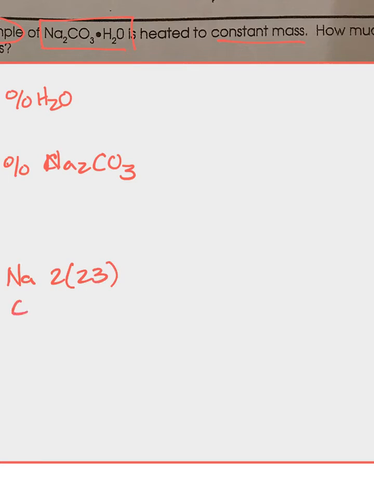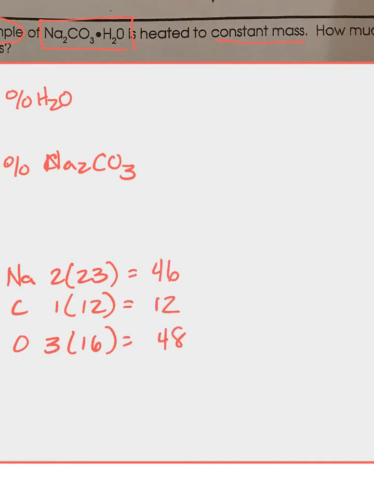We've got C, there's 1 of them at 12. And O, there's 3 of them at 16. So I multiplied them all out, added them all together, and got 106 grams per mole. And the water, there's only one water, so we know that it weighs 18 grams per mole.